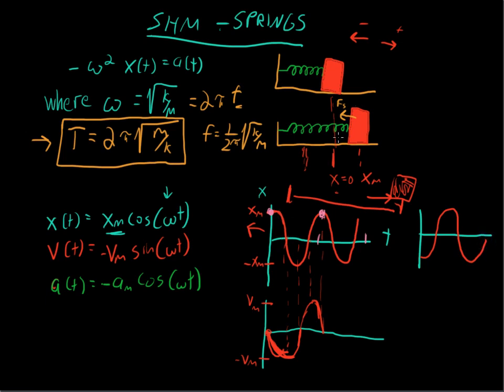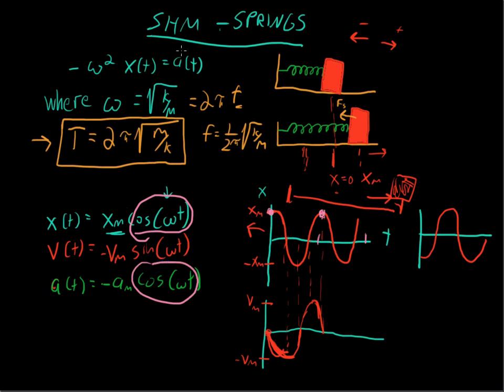The reason for that is because when we've displaced it as much as possible in the positive direction, the acceleration is going to be as large as possible in the negative direction. And that's the whole idea of that restoring force. And actually, if we look at these two equations here, x of t equals x max cosine omega t, and a of t equals the opposite of a max cosine omega t, one of the things that you should note is that both of them have this cosine omega t.